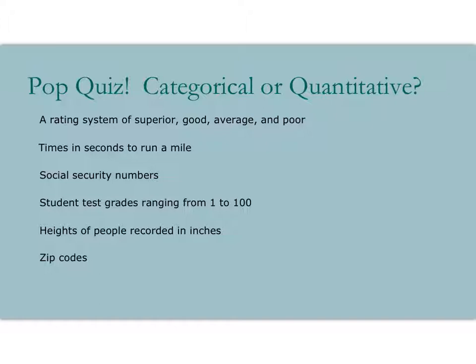So the first one is a rating system of superior, good, average, or poor. Well, it really doesn't make sense for me to do the average of those values because they're categories, so that one is clearly categorical. How about time in seconds to run a mile? That's quantitative. Social security numbers. A lot of times people will see numbers and think, oh, it's quantitative.